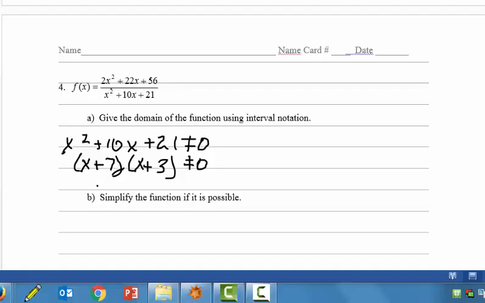And if I set those both not equal to 0, I get x can't be negative 7 and x cannot be negative 3.